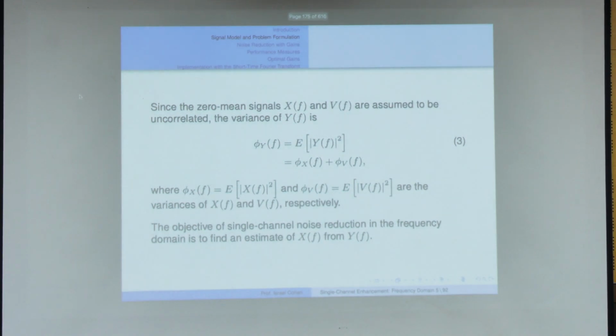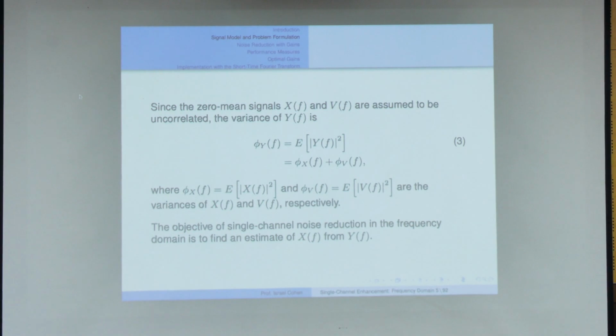Okay. Once we have this, we can do the inverse Fourier transform and go back to the estimate of the signal in the time domain. When we go further, we will move to that. But for now, we assume we work in the Fourier transform domain, and we work with stationary signals. Okay, so we don't need windowing, and the length of the Fourier transform can be as large as we want because the signals are stationary.